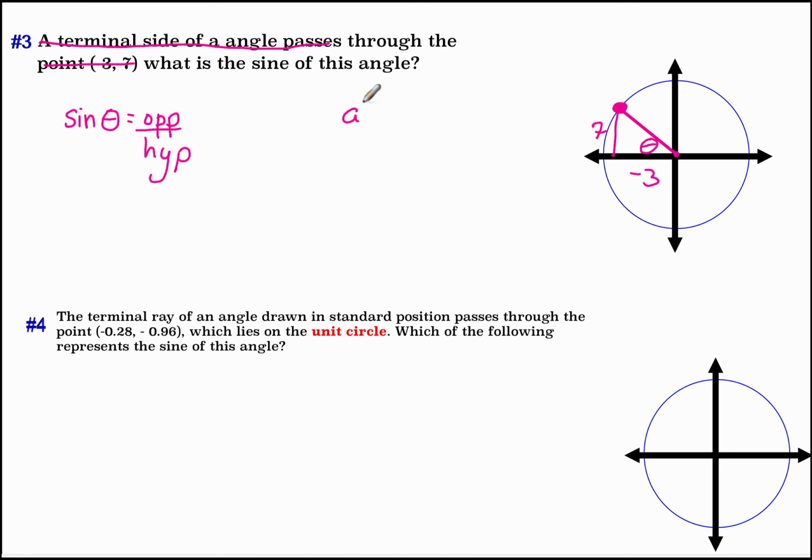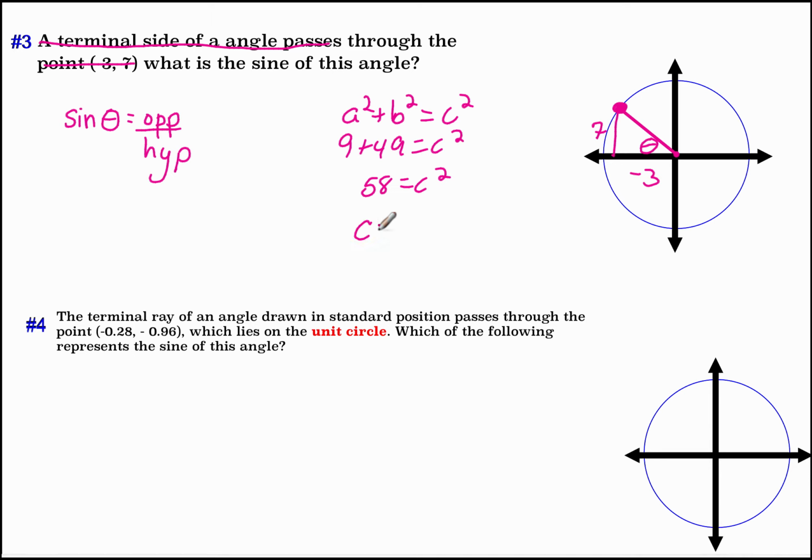So hopefully, Pythagorean's theorem is something that just comes flowing out of your brain effortlessly. So that would be 9 plus 49 is c squared. So that's 58 equals c squared. Let's see, this 58. I don't think, nope, 4 doesn't go in there, so there are no perfect squares that go in there.